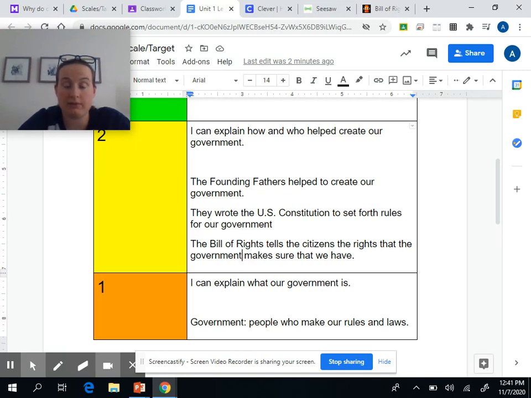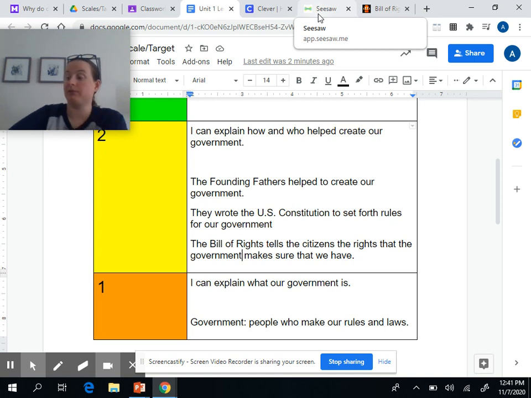So, what you are going to do today is you are going to have the chance to hear these rights and choose the one that's most important to you. So, what I would do if I were you is I would have something to write on. So, maybe you have your journal or your scrap notebook paper, right?